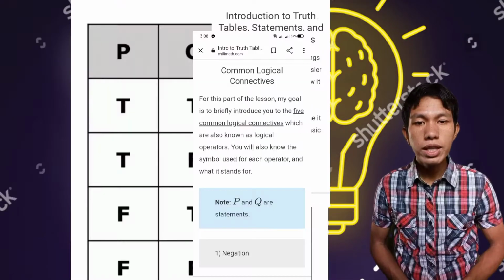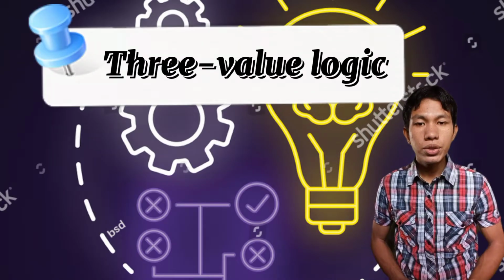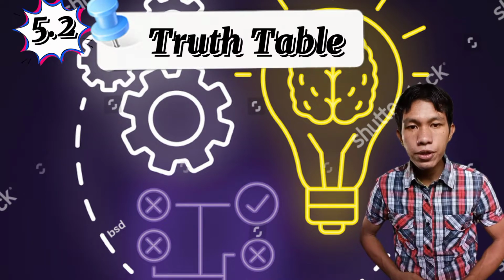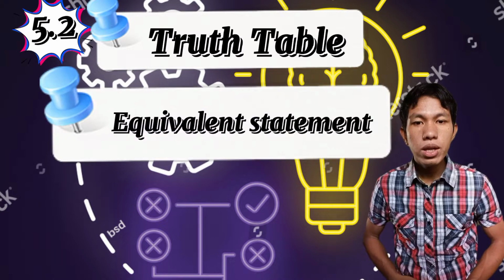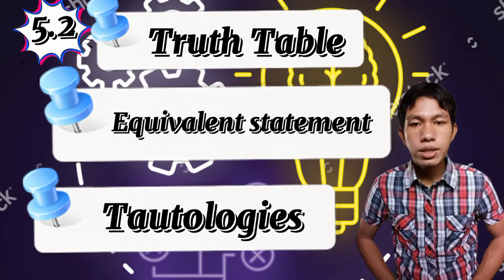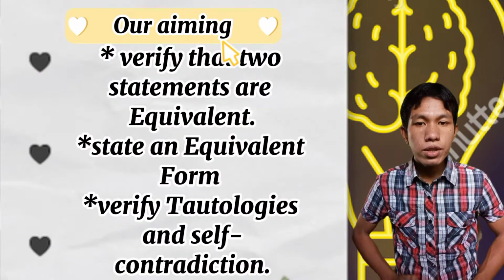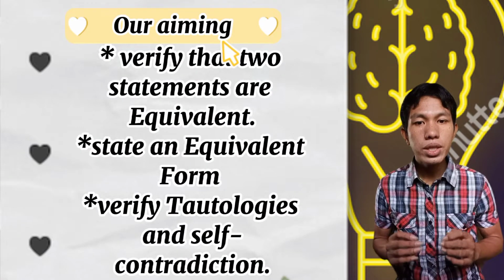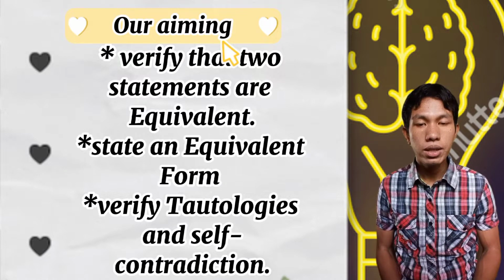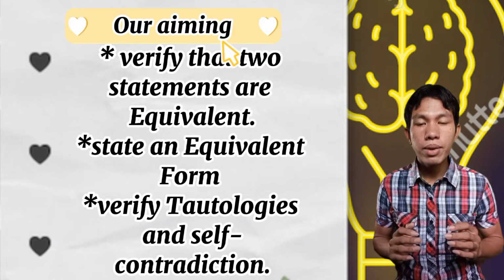My name is Salamat G. Mahmood, and what I'm going to discuss is all about three-value logic and the 5.2 truth table, equivalent statements, and tautologies. Our aim is to verify that two statements are equivalent and state an equivalent form.